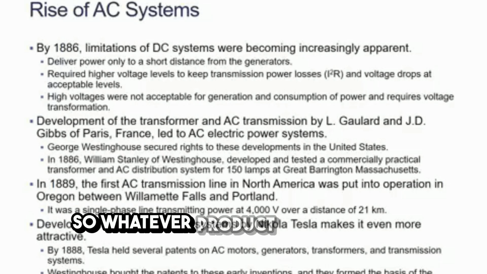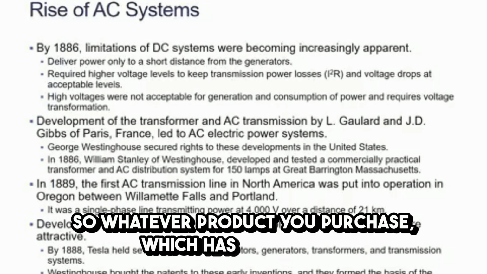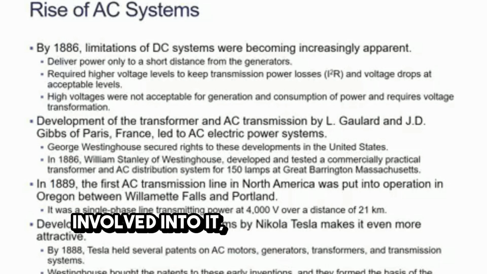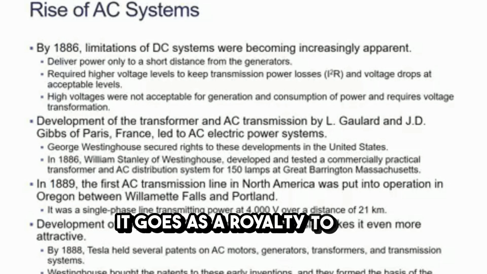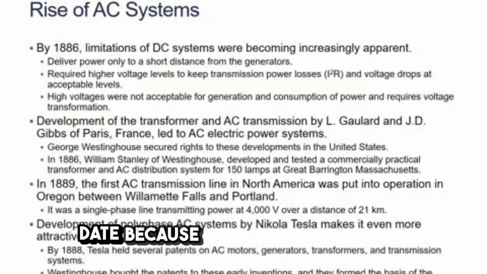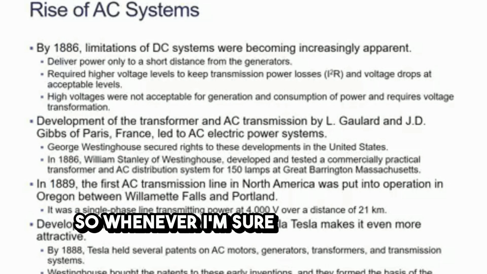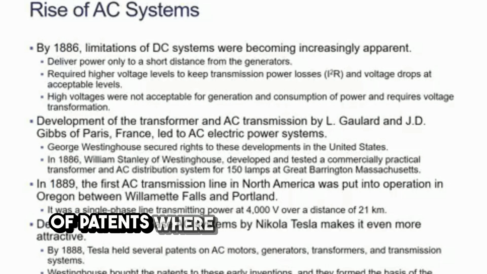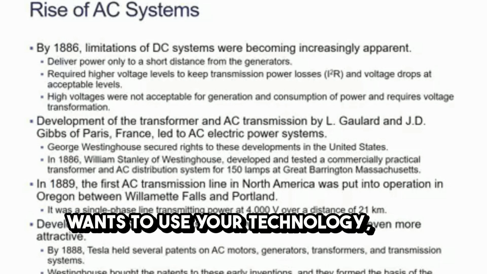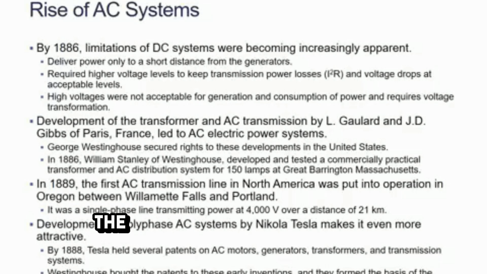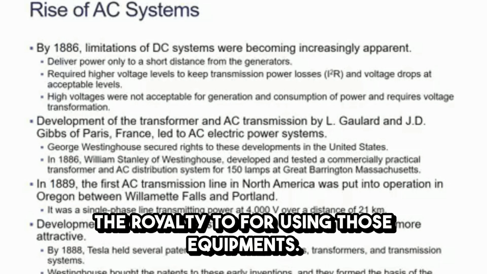So whatever product you purchase which has AC systems involved in it, a very small portion of it goes as a royalty to Westinghouse to date, because it has all the patents. I'm sure you all know the concept of patents: where you file a patent, and if someone wants to use your technology, then they have to pay a royalty for using that equipment.